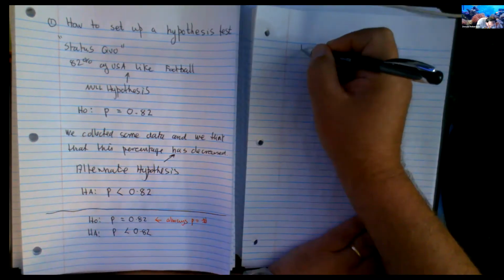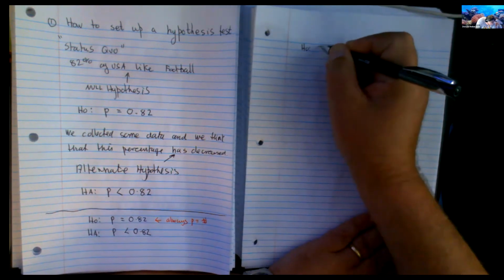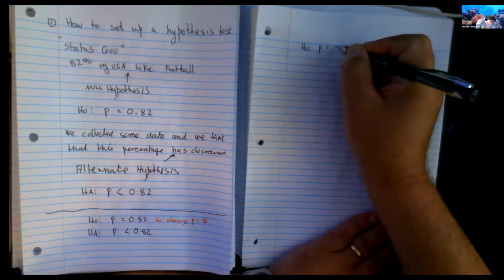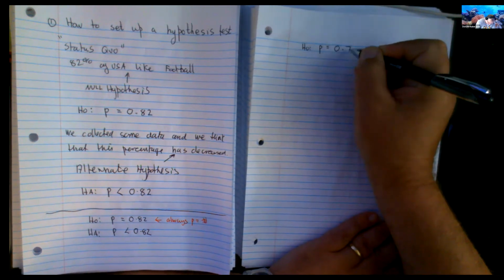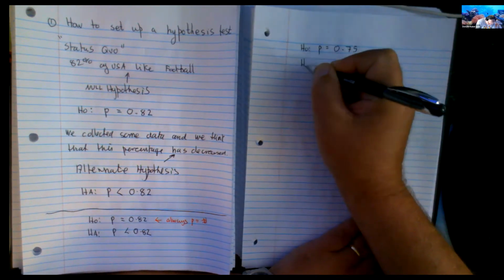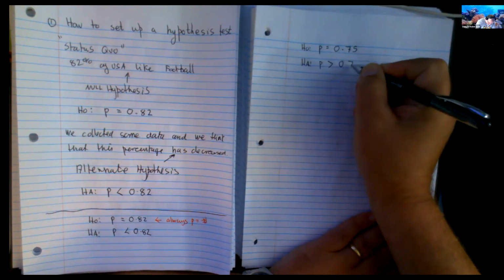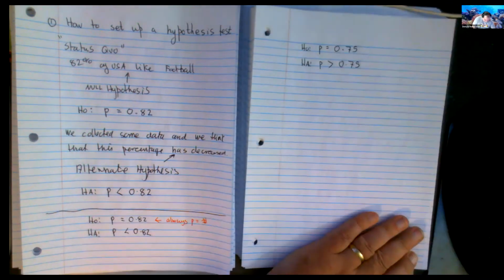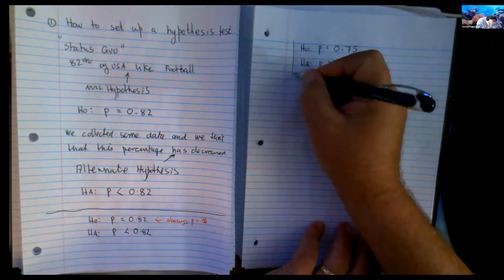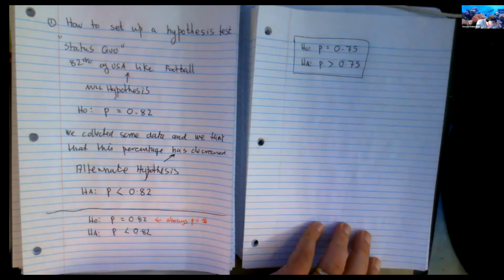So here's the first one. Let's suppose, different story. This was 75, and we think that it's changed and it's got bigger. That would be one version of a hypothesis test.